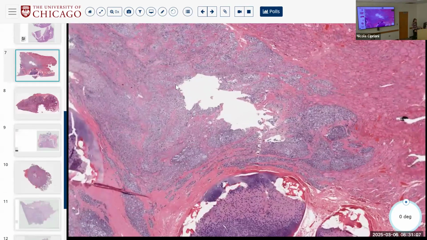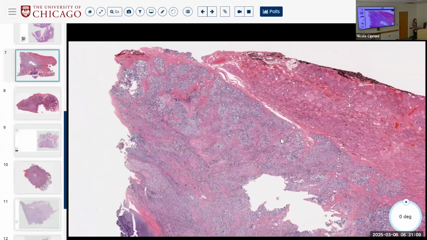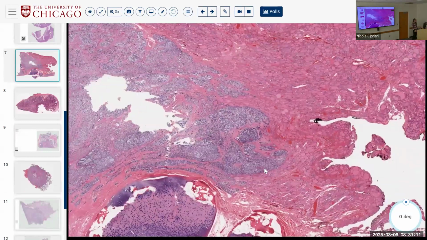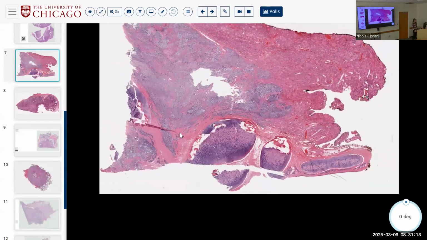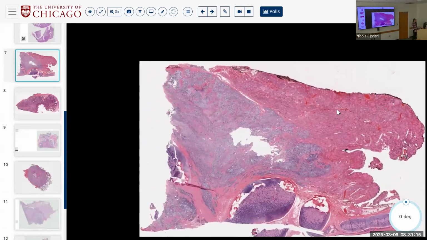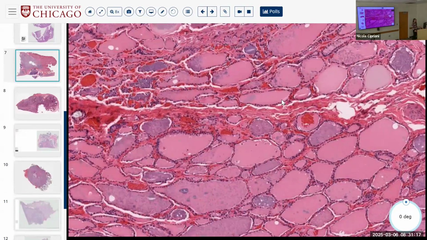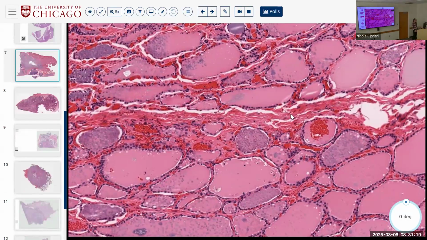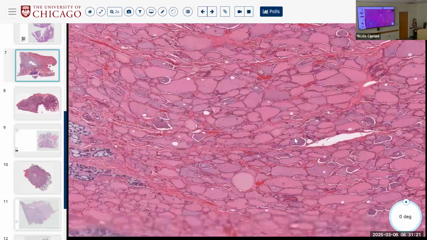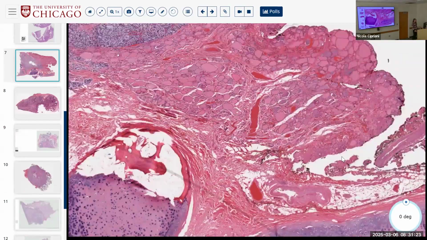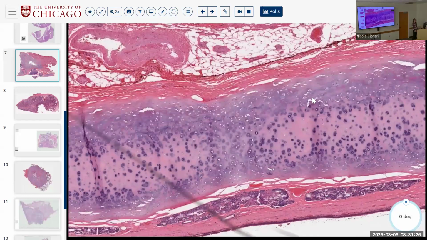All right. I'll do the next one since you guys maybe had something similar to this recently. All right, what tissue are we looking at here? Thyroid. What tissue are we looking at here?